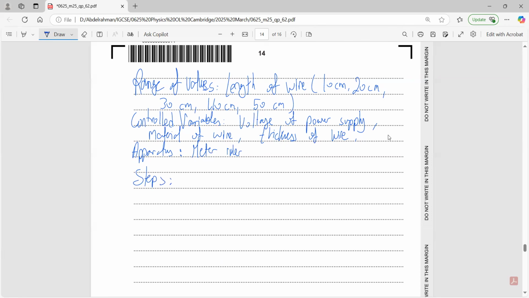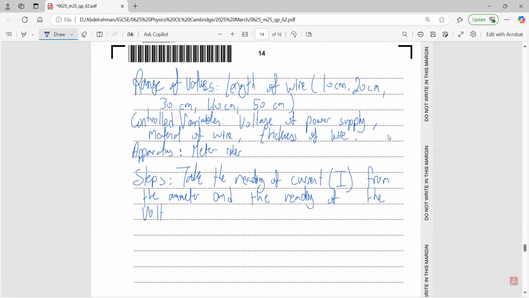For each length of the wire, what should we do? We should take the reading of the current, which we will name I, from the ammeter. And the reading of the voltage or potential difference V from the voltmeter.